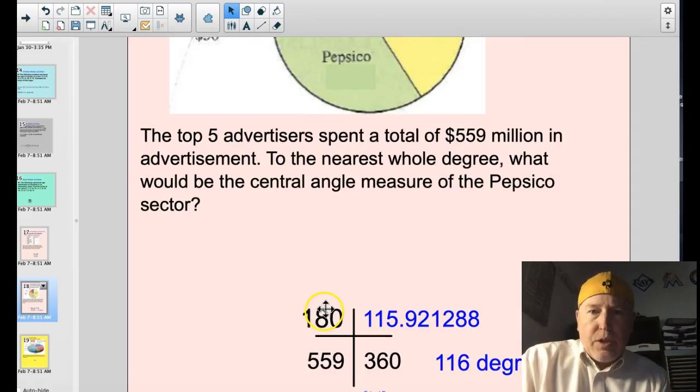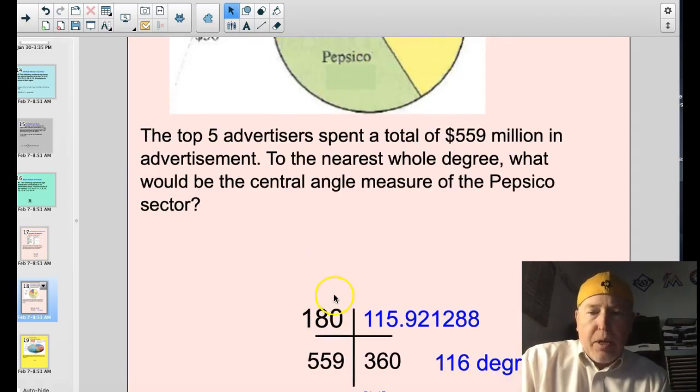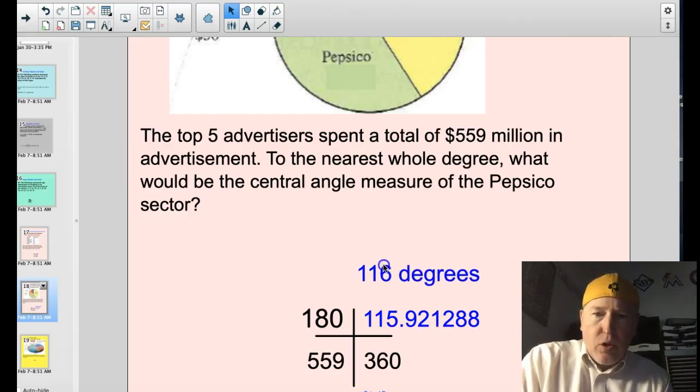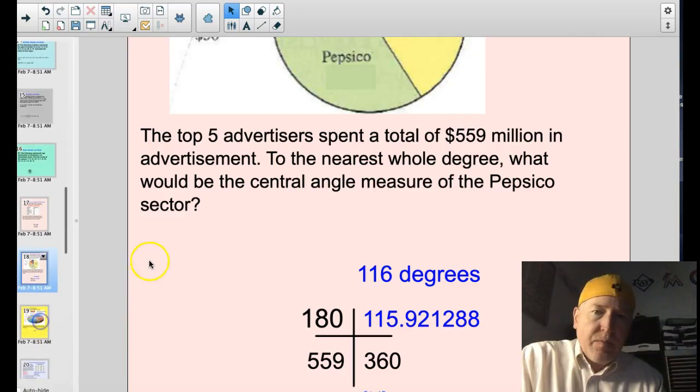I found out that 180 million must be PepsiCo's share. So 180 million out of the 559 million is equivalent to some measure out of 360. Multiply diagonally and then divide. We came up with 115, and when you round that to the nearest whole degree, you get 116 degrees.